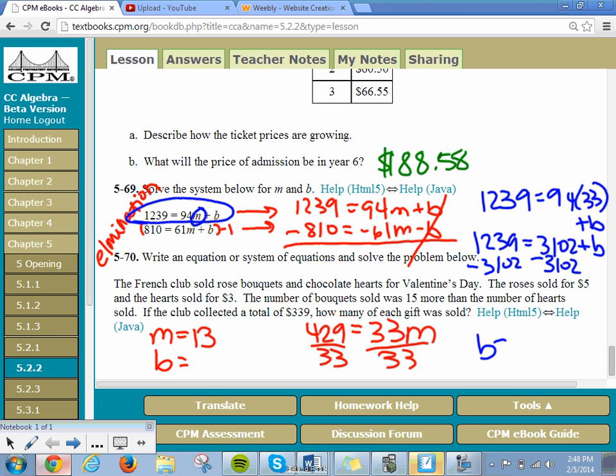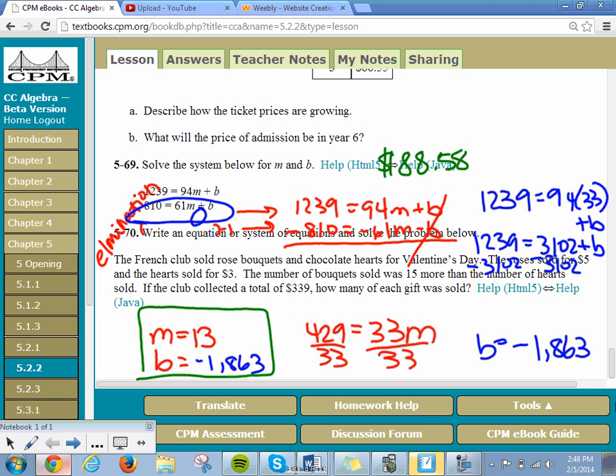Subtract. So b is going to be equal to negative 1,860. And that's our answer for 69.